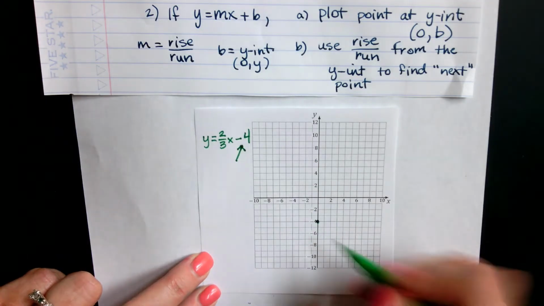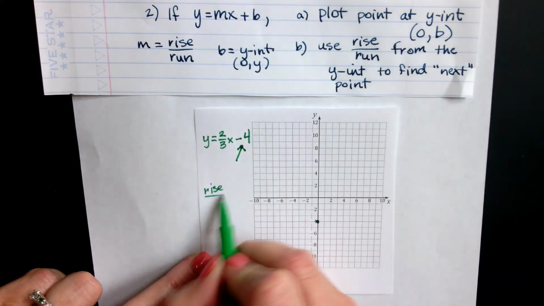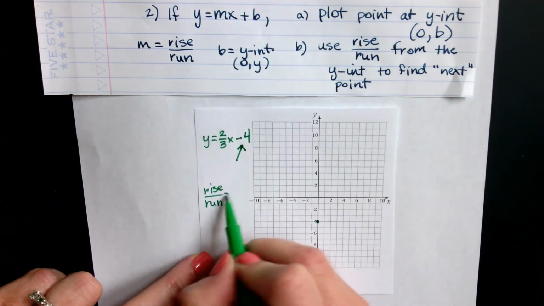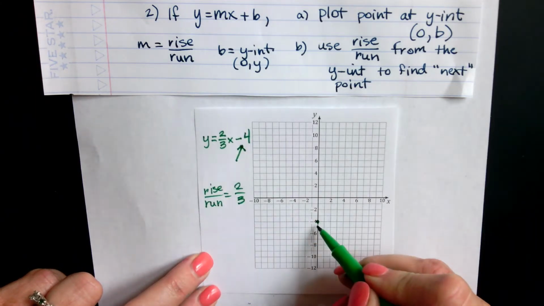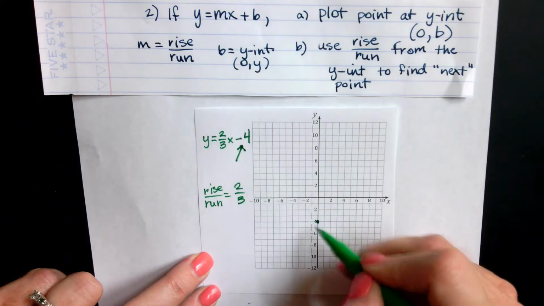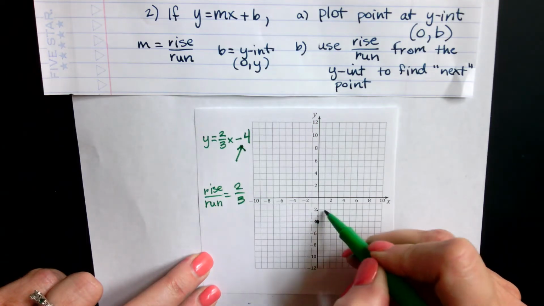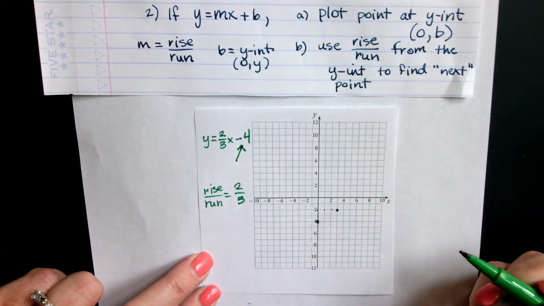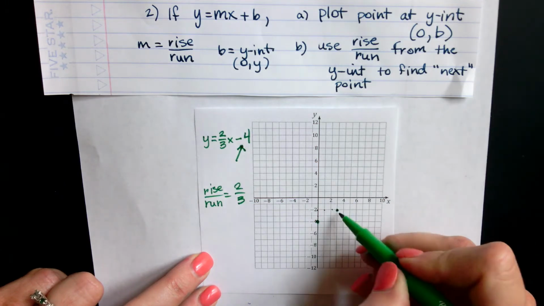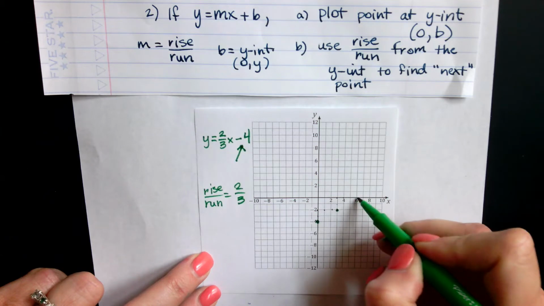And then from that point, use the rise over run idea for slope. So from your starting point or y-intercept, you can rise 2 and run 3. And that would find another point on your line. And then from that new point, you could rise 2, run 3.